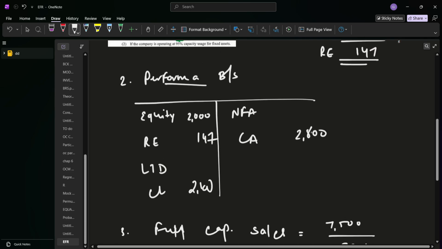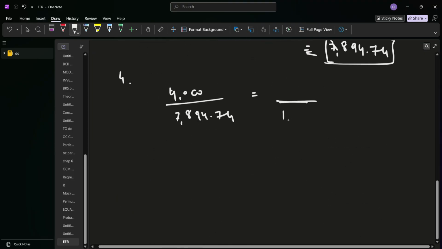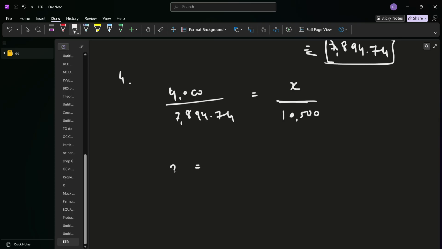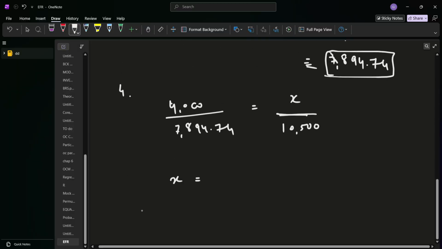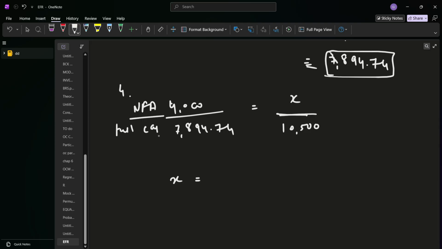Alright. But what I want is this 10,500. So what shall be my investment in the net fixed asset? This is nothing but net fixed asset divided by full capacity sales.